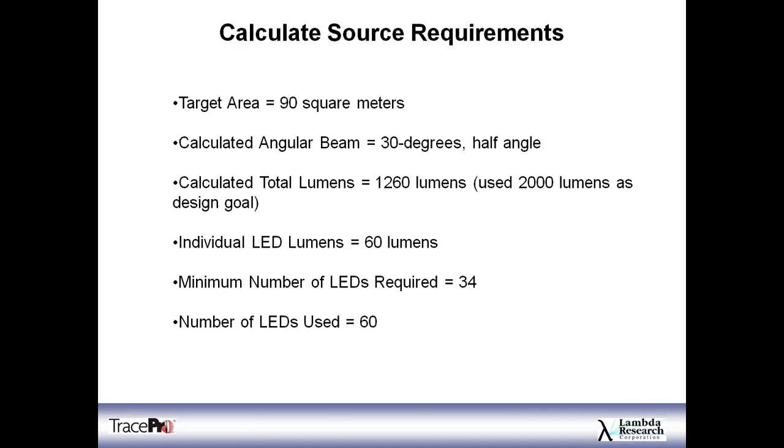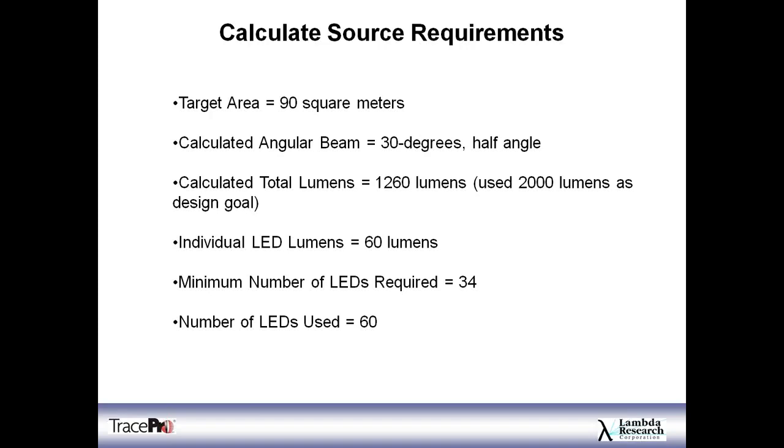So from those specs, we can make some simple calculations. Our target area was 9 by 10 meters, so we've got an area of about 90 square meters. We can calculate the half angle based on our 9 meter width as being about 30 degrees.